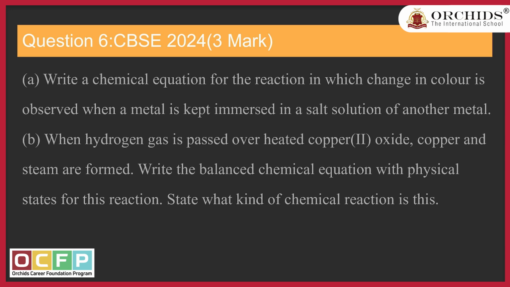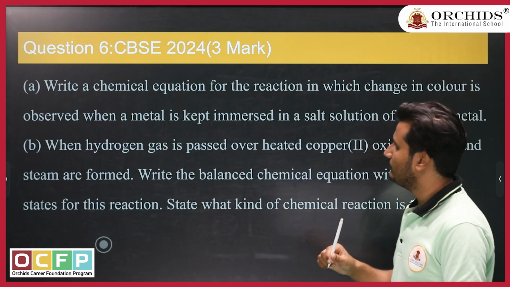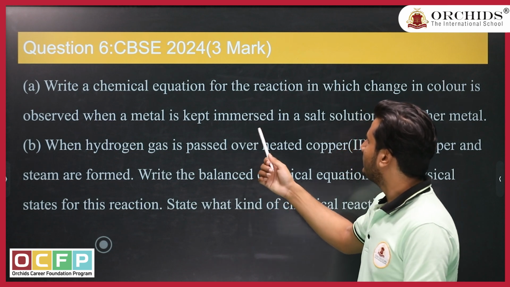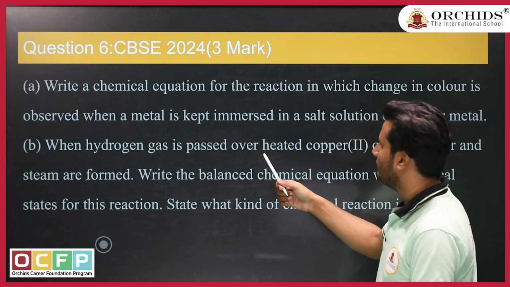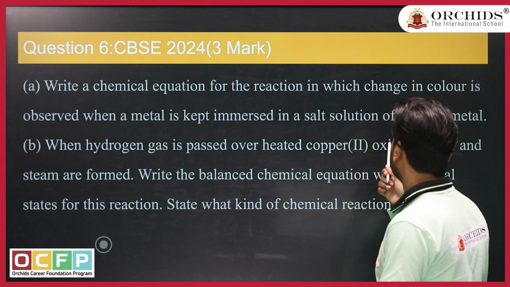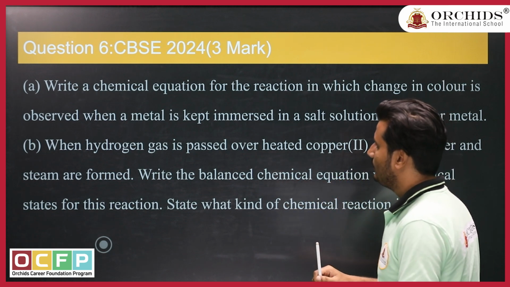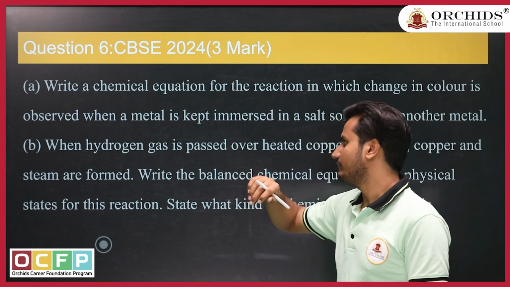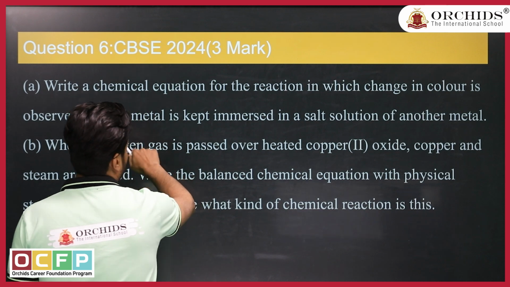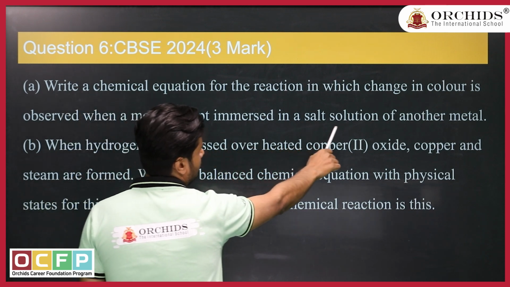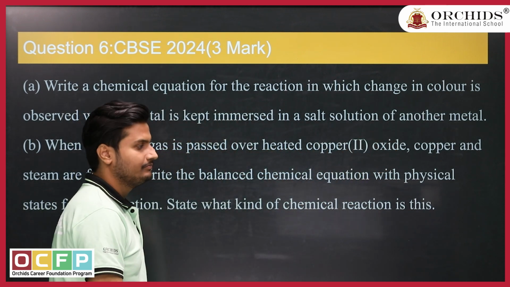Now this is a 3-mark question. Write a chemical equation for the reaction in which change in color is observed when a metal is kept immersed in a salt solution of another metal. So we'll do part 1 first. Now what we have to take? We have to take a metal immersed in salt solution of another metal.